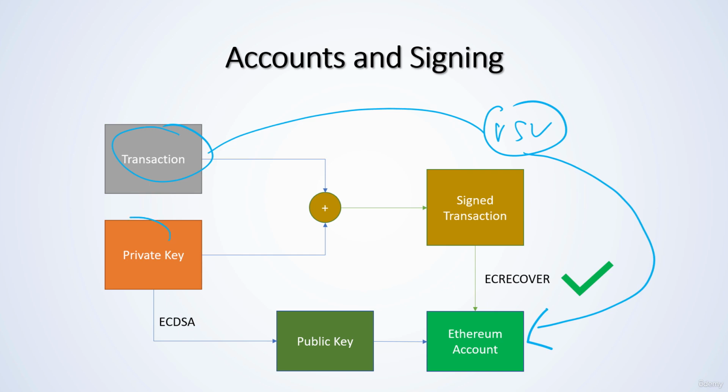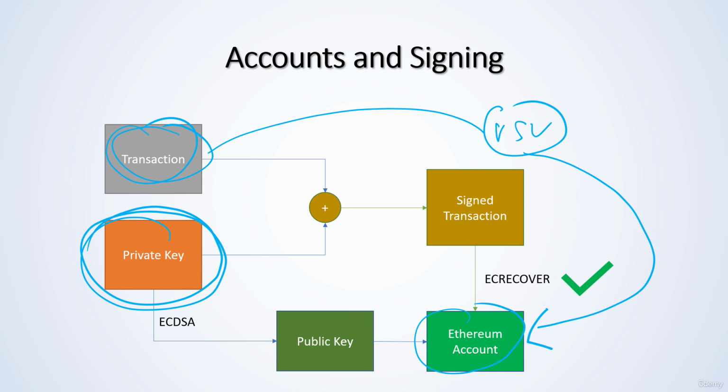So that one is never shown to anyone. That one is known, and that's basically the from field. And the ecrecover result should be the same as the from field from the transaction object. And there you have it. That's how the whole magic works.